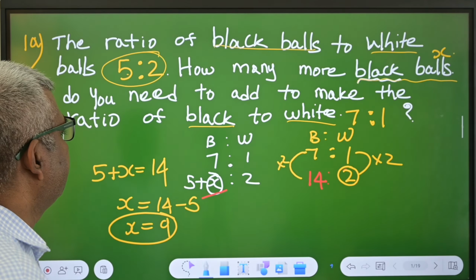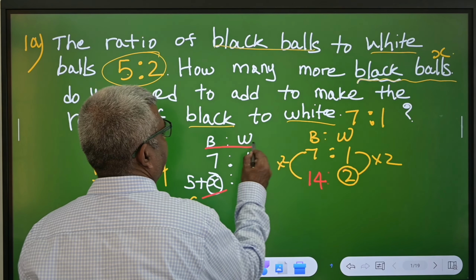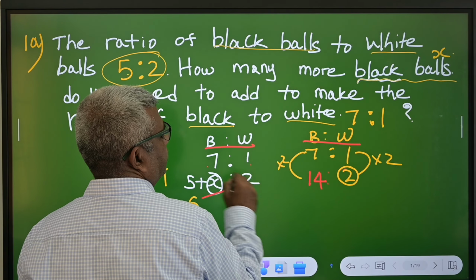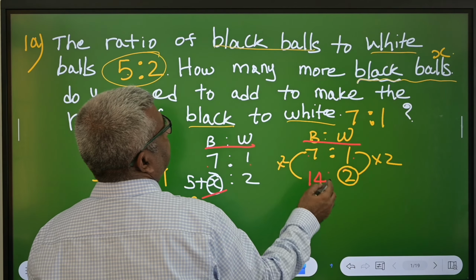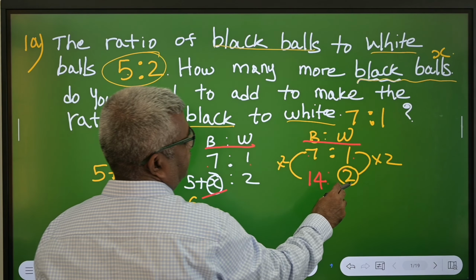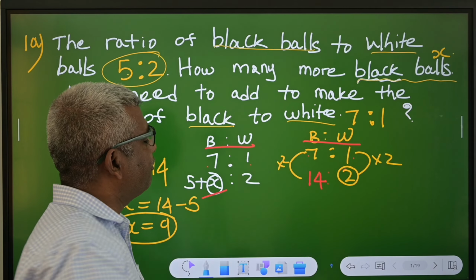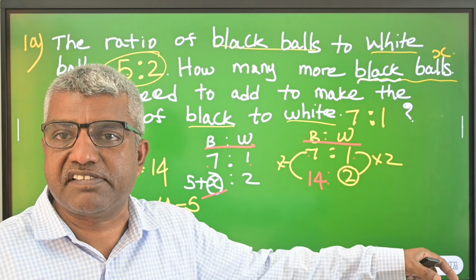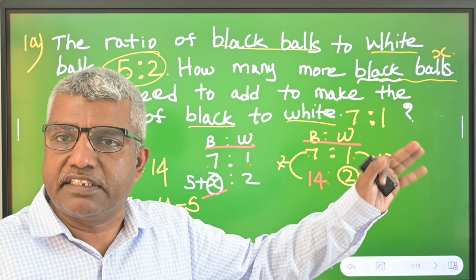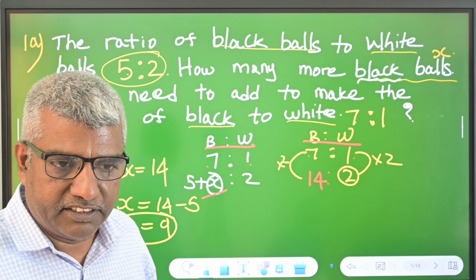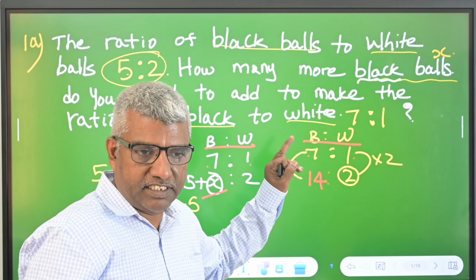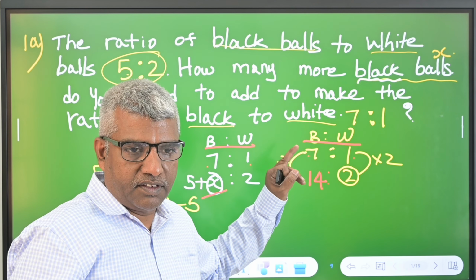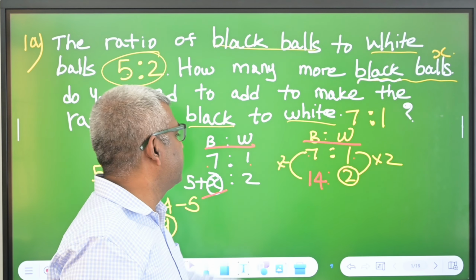First see it, black, white, 7:1. The previous ratio is 5:2. Why did I put only 2, not 5? Because this 5 is going to be disturbed, since 5 plus x is coming. White balls, nothing added nor deducted, so I am keeping 2 as it is.